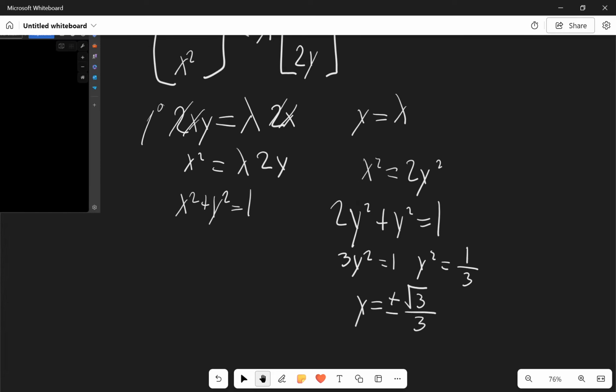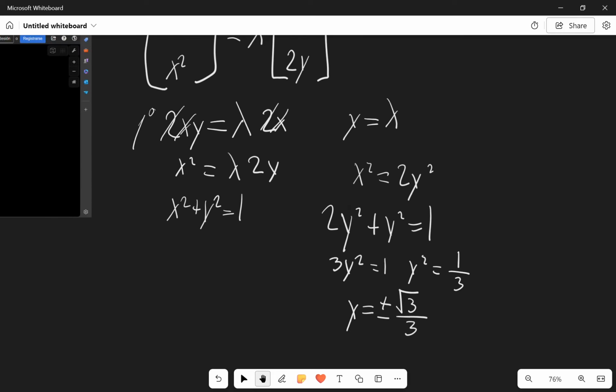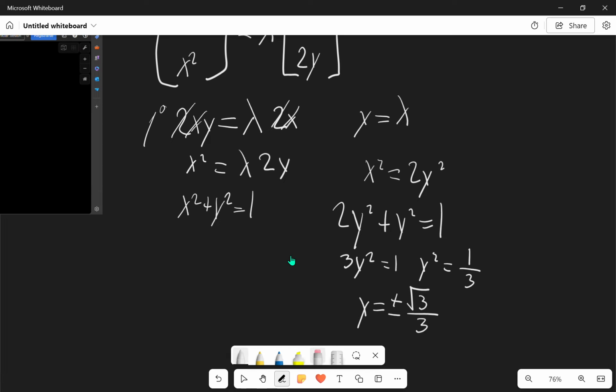Now let's solve for x. We have this equality, so whatever value we plug in this equation for y, the negative sign will cancel.